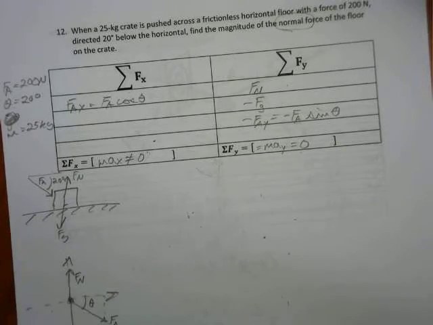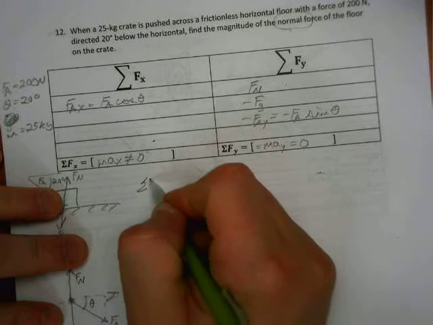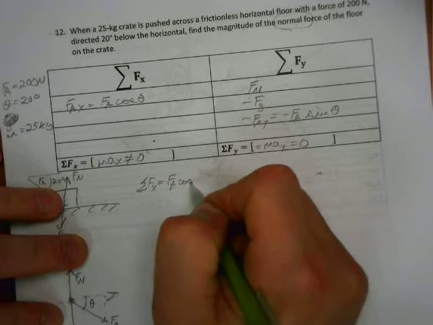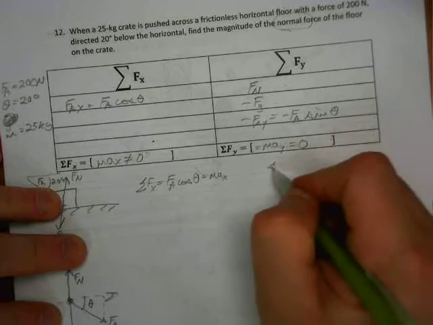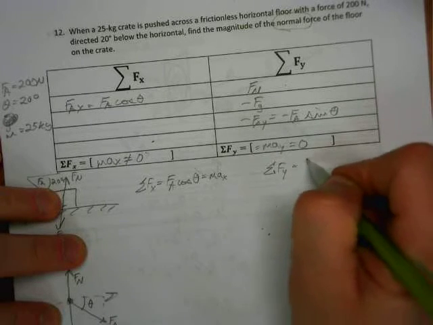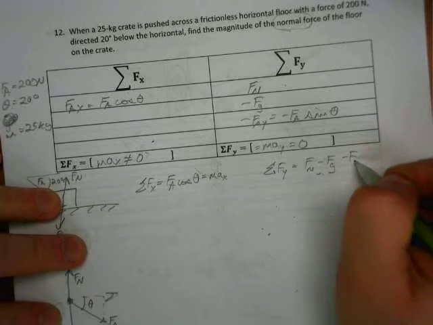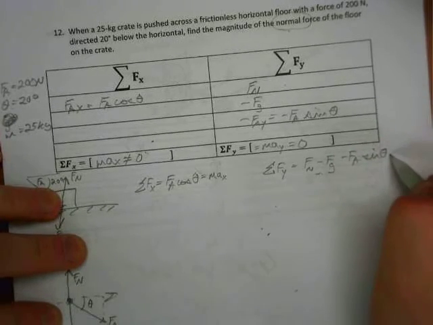All the forces sum to 0. So let us do that. The sum of the forces in the x direction is FA cosine of theta equals max. And the sum of the forces in the y direction equals the normal force minus Fg minus FA sine of theta equals 0.